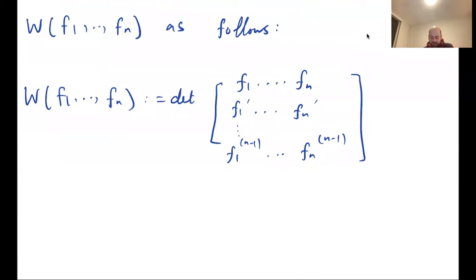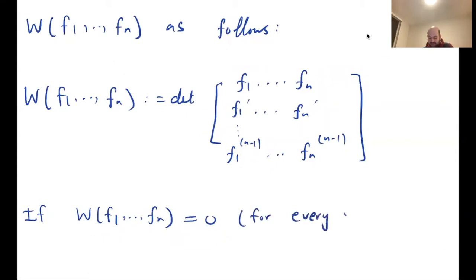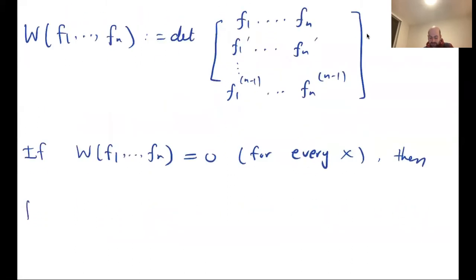And this is a function of x. Now, if W of f1 to fn is identically equal to 0 for every x, then f1 to fn are linearly dependent.